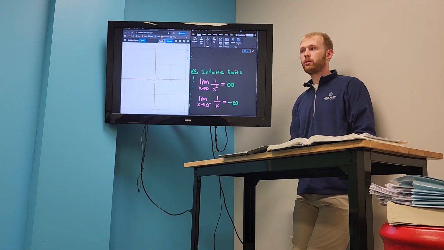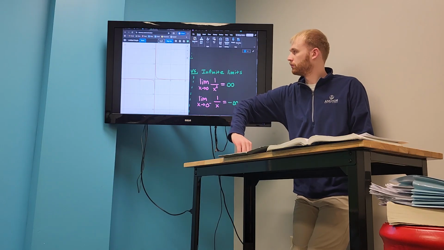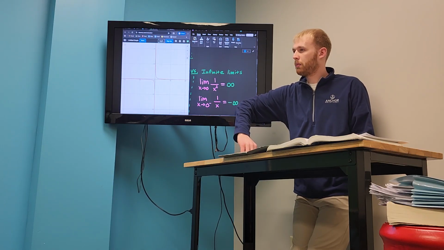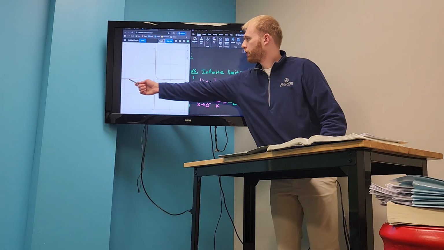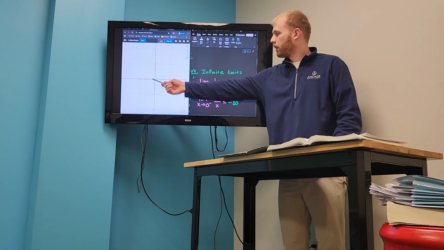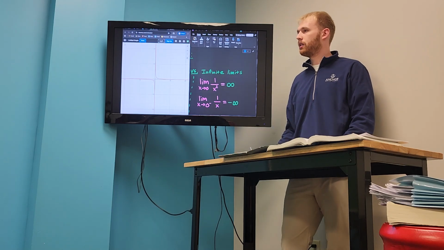So what happens as I approach 0 from the left? Graphically. Asymptote. Yeah, I'm going to be approaching this asymptote at 0, right? They keep coming closer and closer to 0 from the left. All of a sudden I go all the way down here really fast.